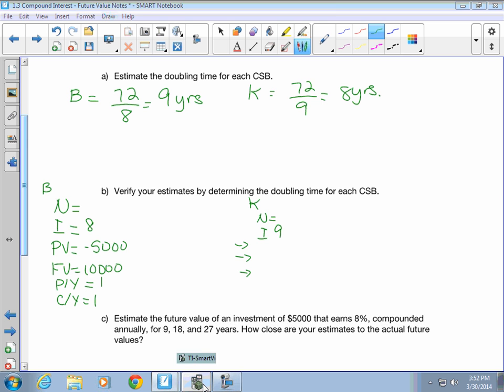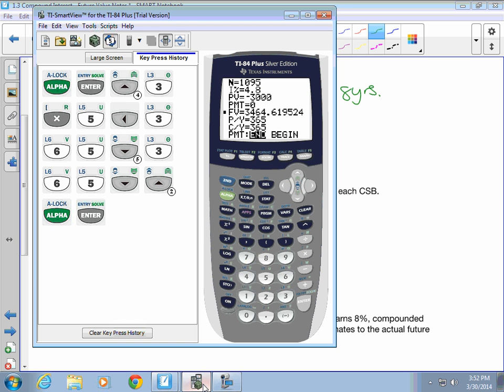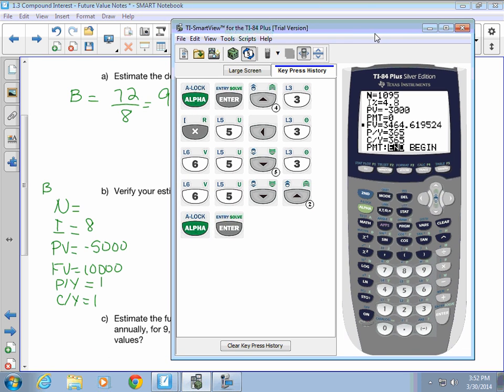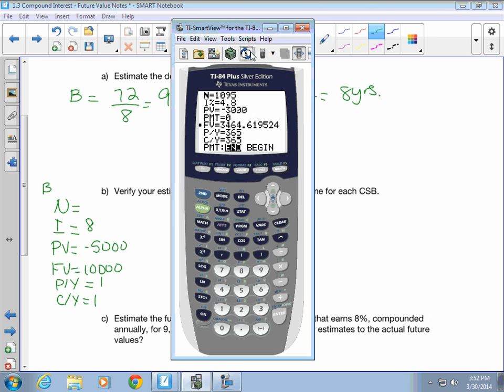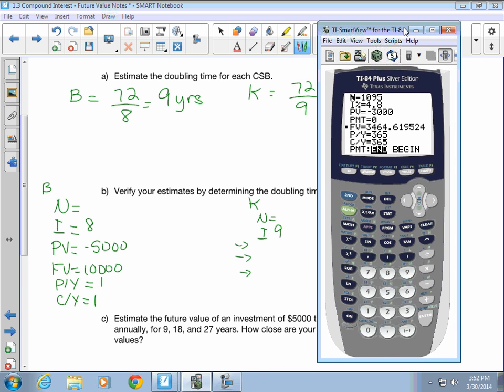So let's bring up the calculator here and see what happens when we give this a try. Okay. I don't need the keypad history because we already know what we're doing here. So, N we don't know, so let's just switch that to 0. So for Berta, it was 8%, and the initial investment was 5,000.